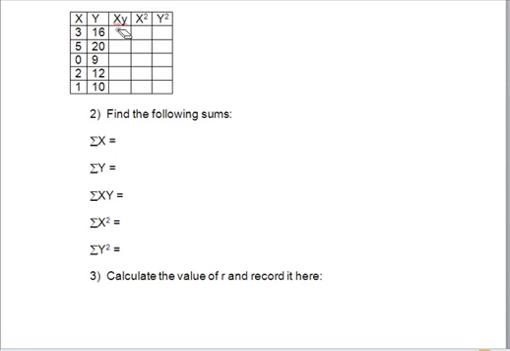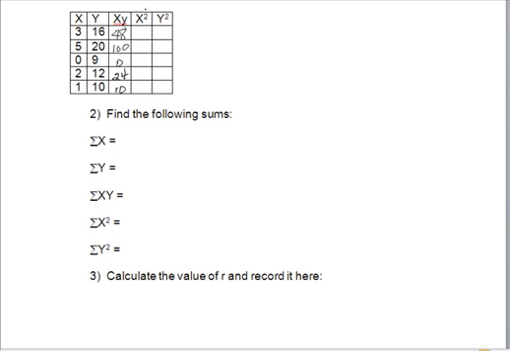And X times Y will be 48. 5 times 20, 0 times 9, 2 times 12, and 1 times 10.